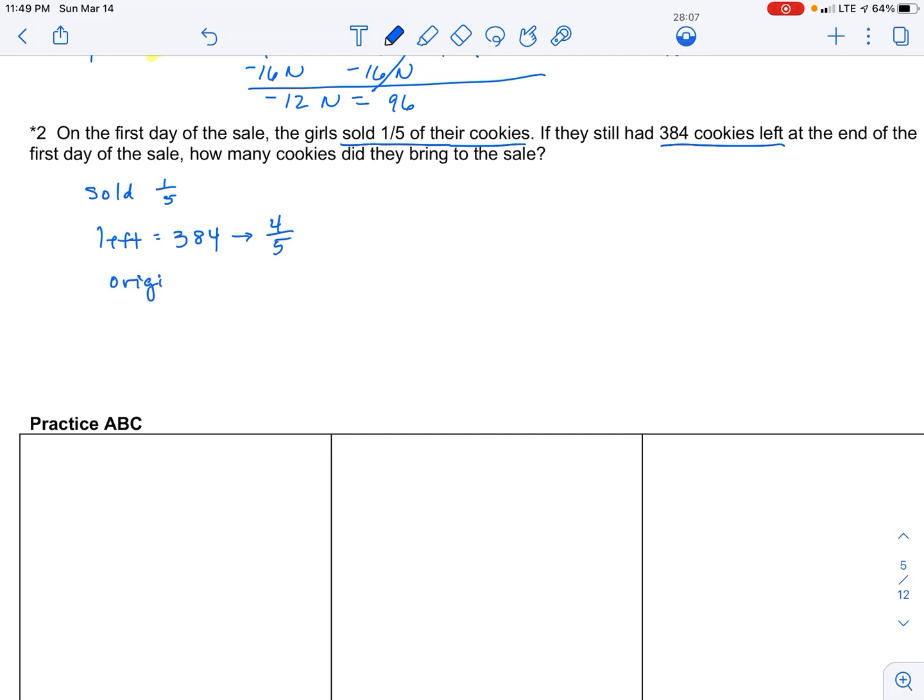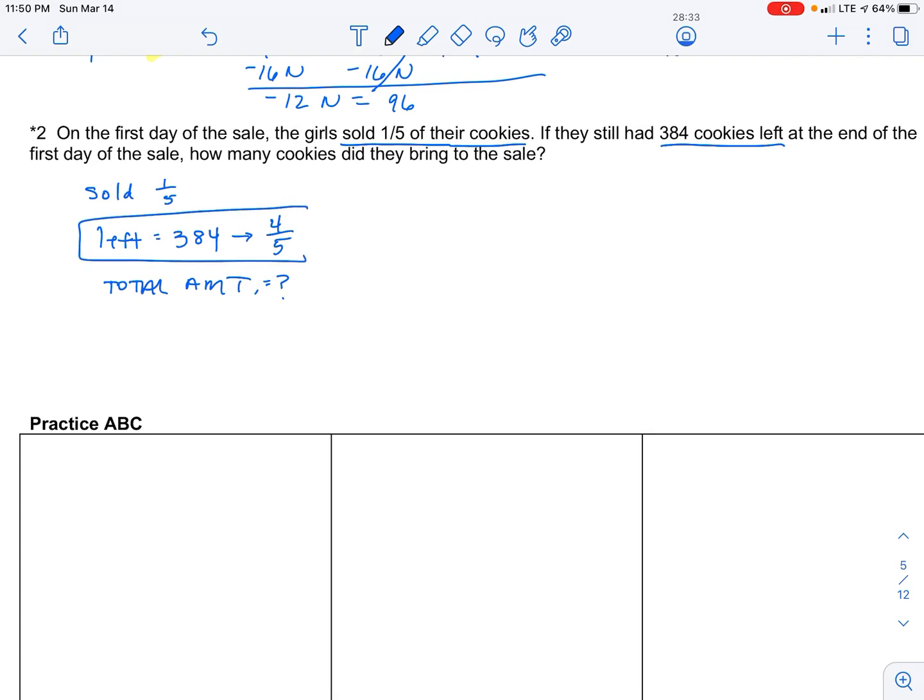But what we want to find out is what was the original amount or the total, how many cookies did they bring to the sale? So the original amount, or we can call it the total amount. Probably we should stick to the same term we've been using. So what was the total amount that was brought? That's what we want to figure out. Okay, so we use what we have.